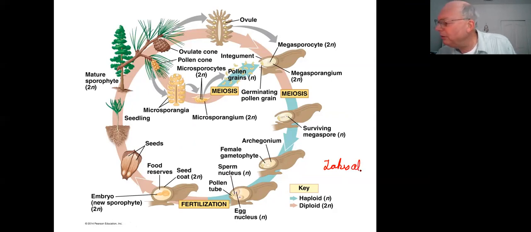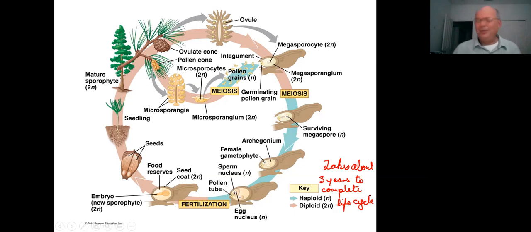Takes about, so you got all of that, 3 years to complete the life cycle. So that's one of the things to bear in mind for the conifer life cycle. So we know what's going on for the first year as far as the staminate cones are concerned.